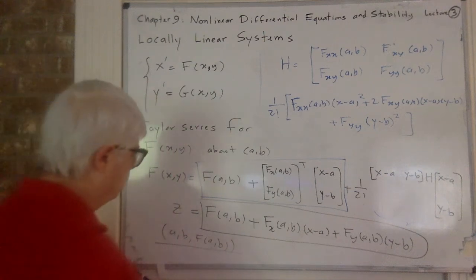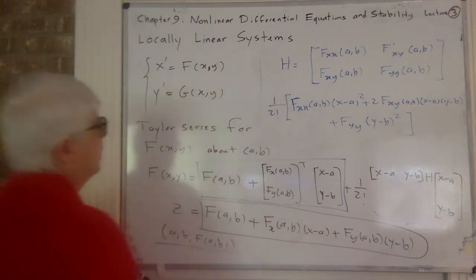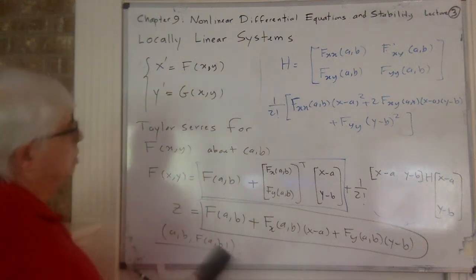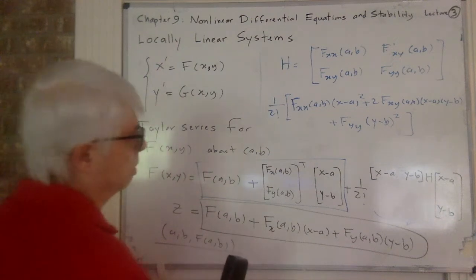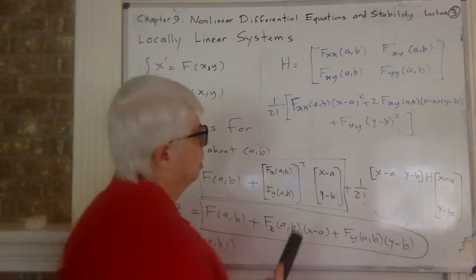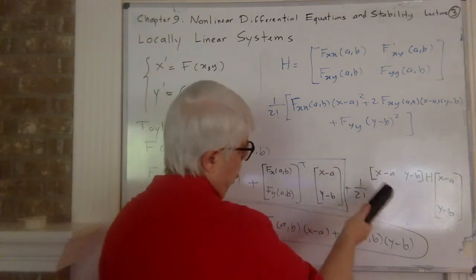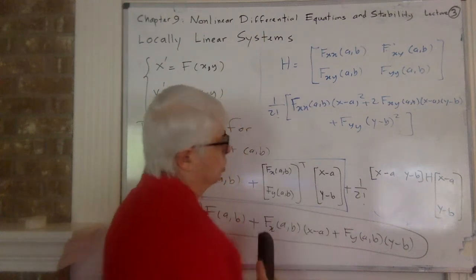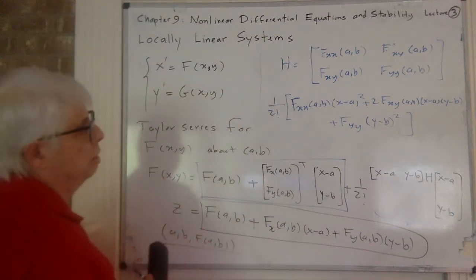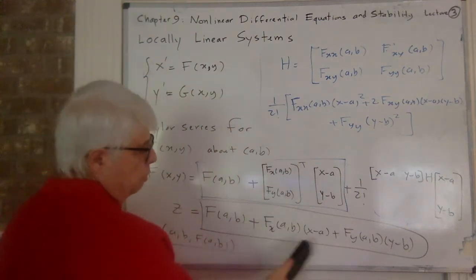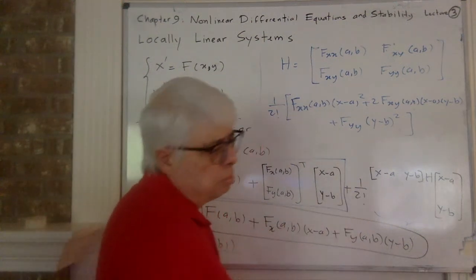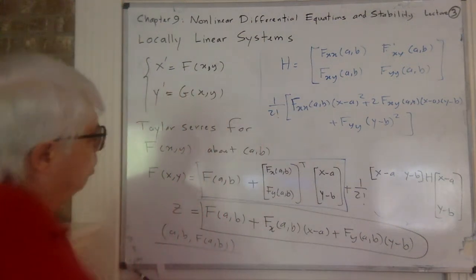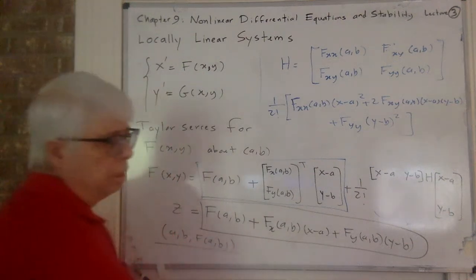Okay, so when I expand this thing, these derivatives exist at least up to a certain point, and I mean, these derivatives should exist. Fx, Fy should. But the rest of them, who cares? So if only these two exist, then that's it.